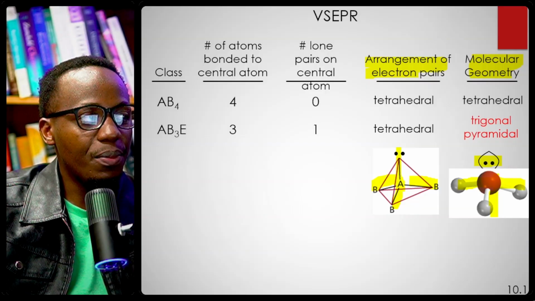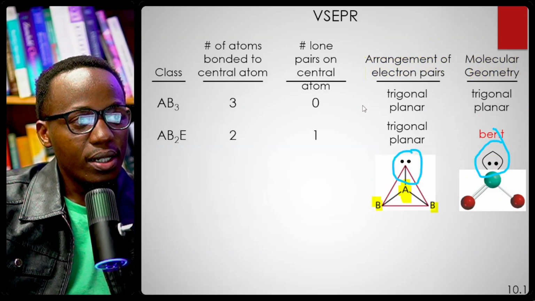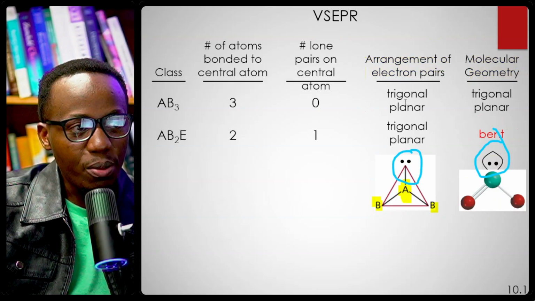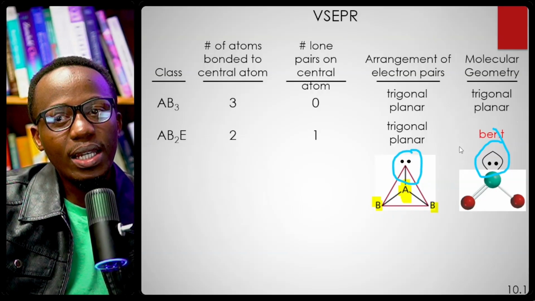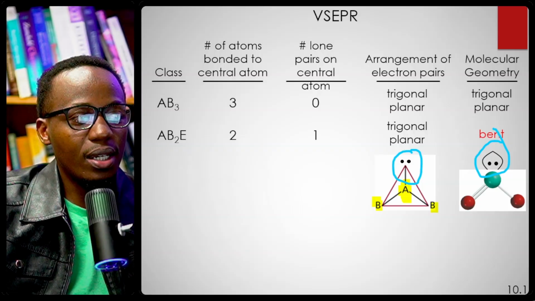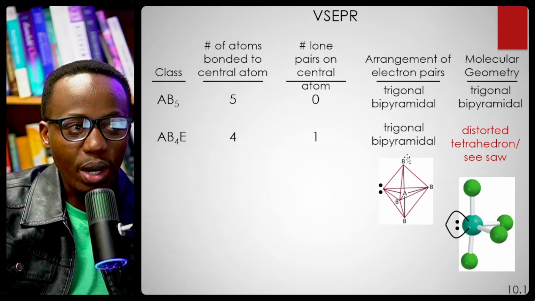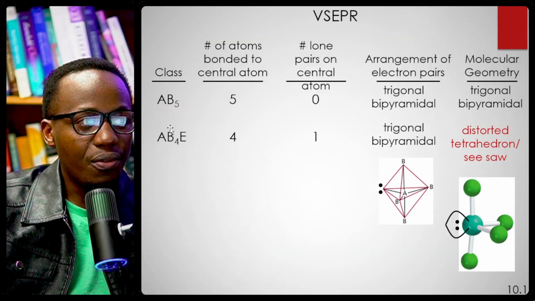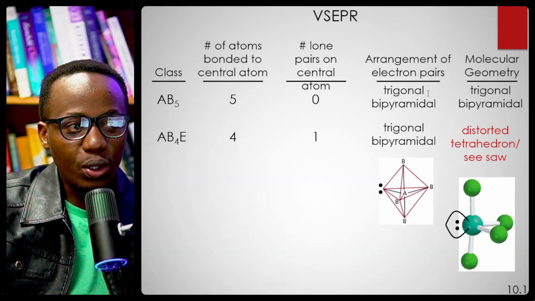Going back here, same thing, right? We saw that the electron geometry here is trigonal planar because you have three things, but the molecular geometry is bent here. So it's very important. And you can go to trigonal bipyramidal as well. If you have one thing bound to five things, it's trigonal bipyramidal like we looked at.